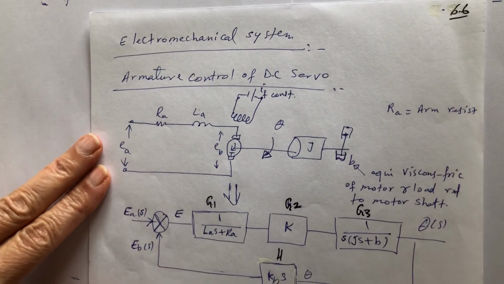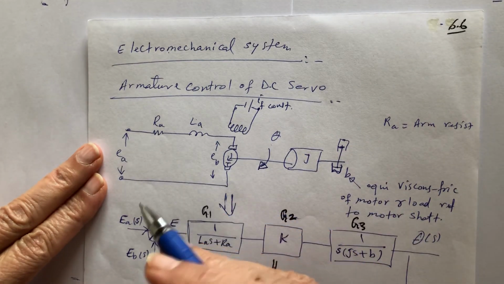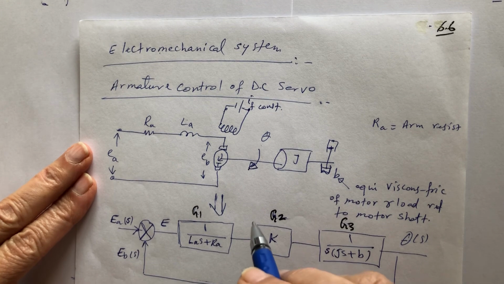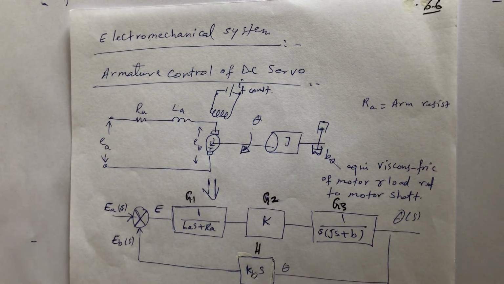Now, you remember the electromechanical system. I'll go back to electrical later when I give you some material on amplifiers and types of amplifiers, the ones that I think you can manage, not all amplifiers, because it's quite a deep subject.